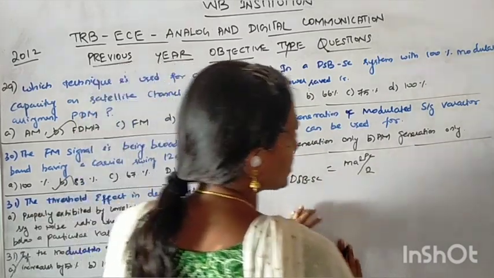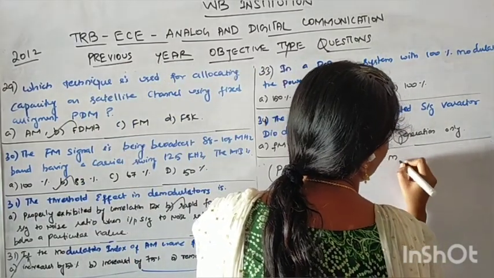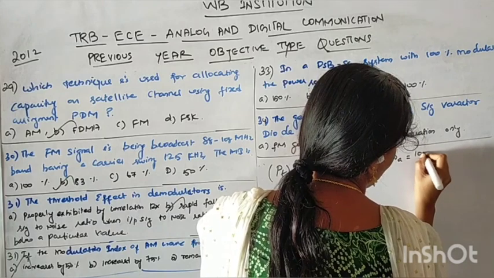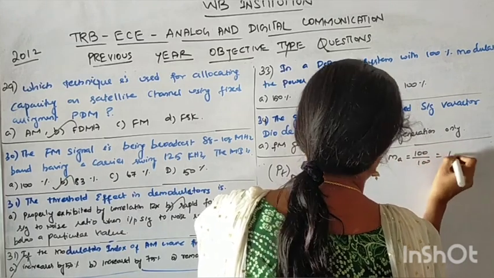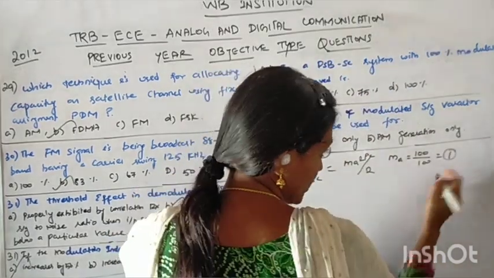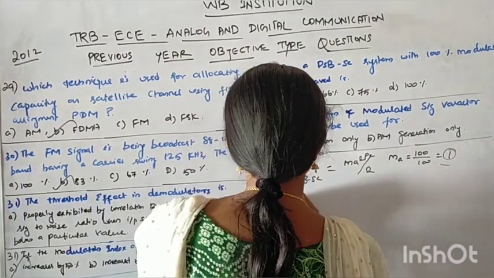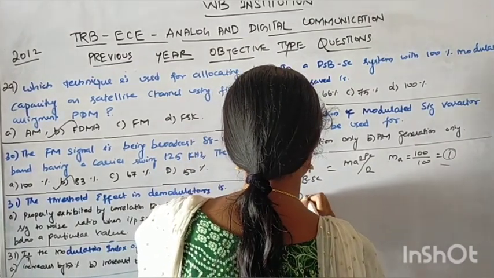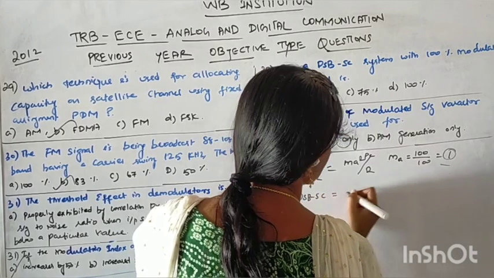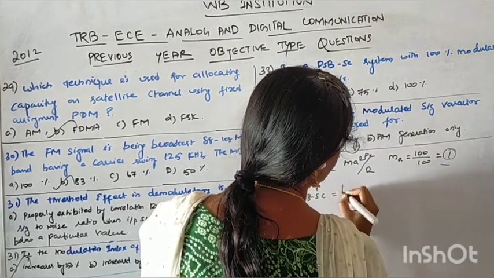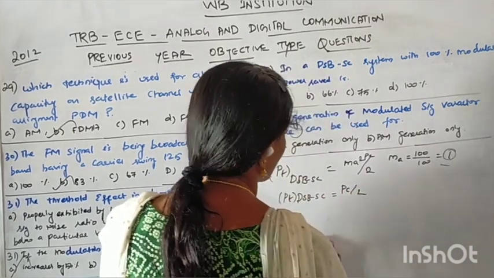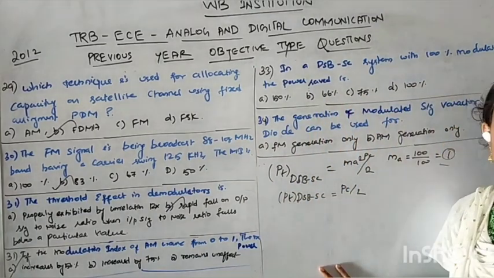We know the value of MA. The modulation index is given as 100%, so for 100% modulation the index value is 1. So the transmitted power of DSB-SC is PC by 2.